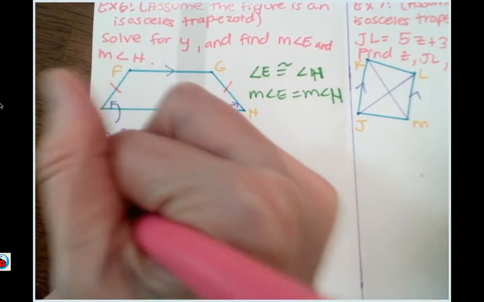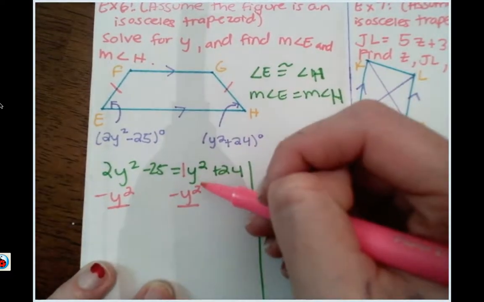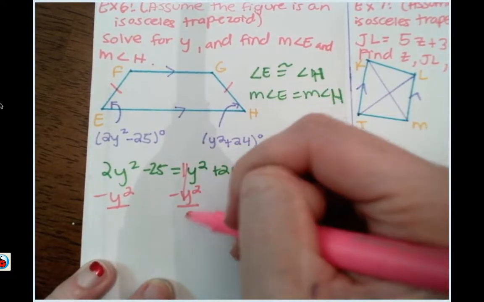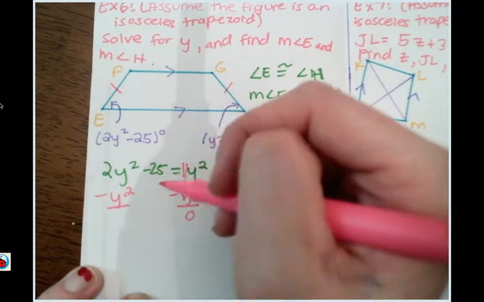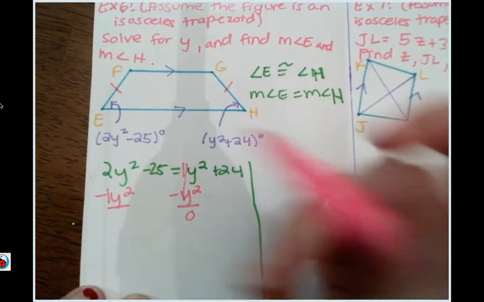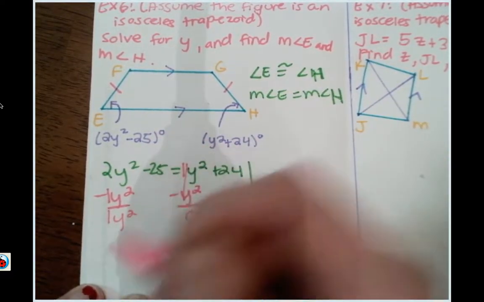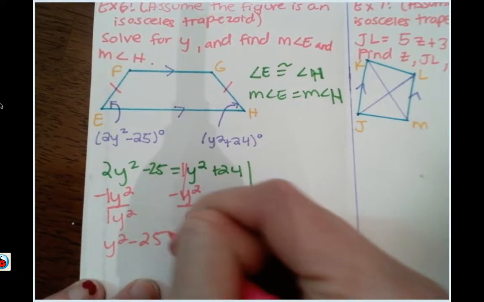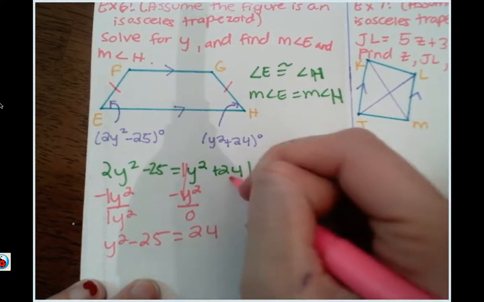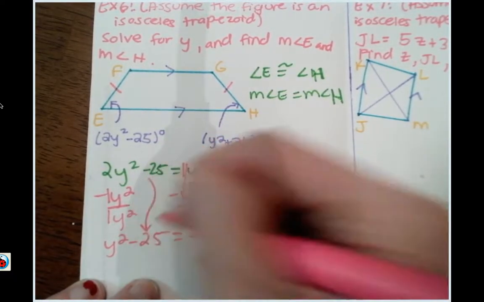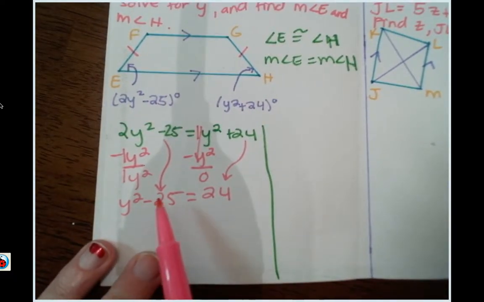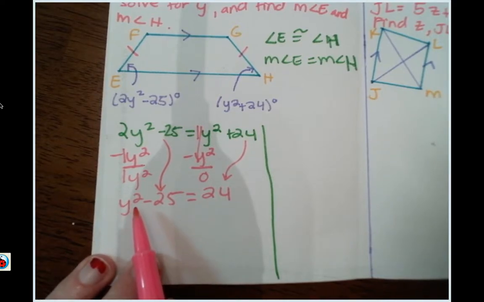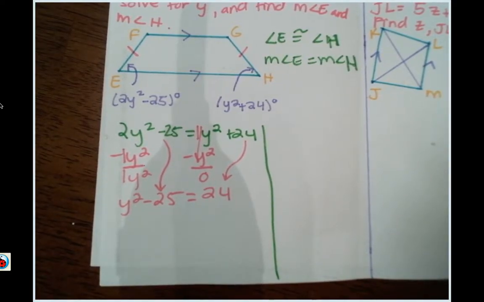Holy hot dog, you guys. So y squared minus y squared cancels and turns to 0. 2y squared minus 1y squared is y squared. So you have y squared minus 25 equals 24. I must solve for y, so I need to move everything else to the other side.